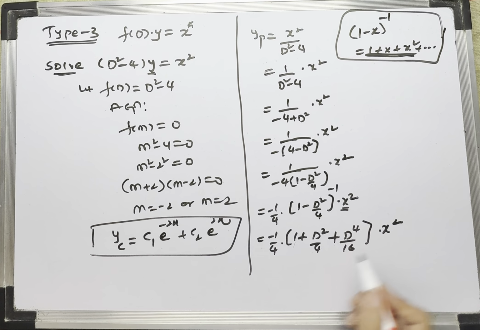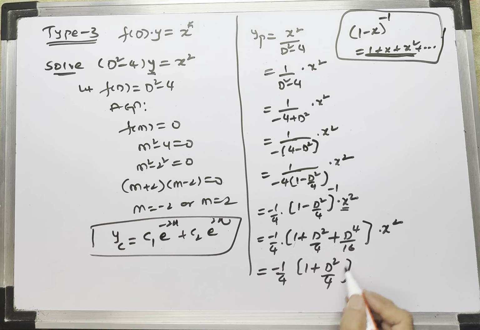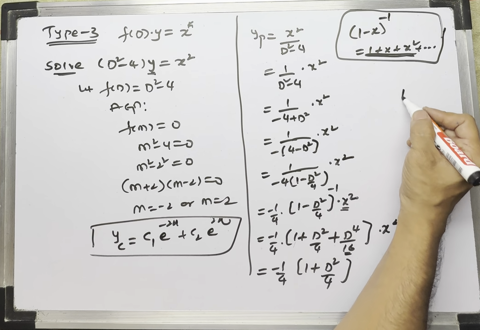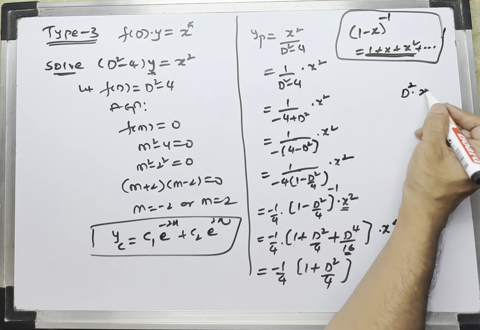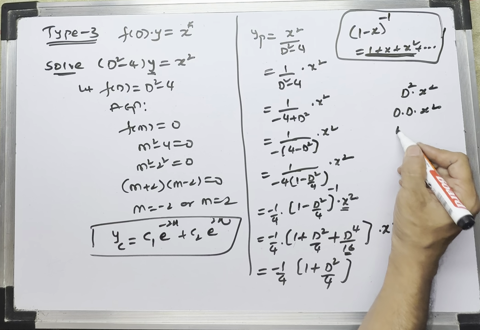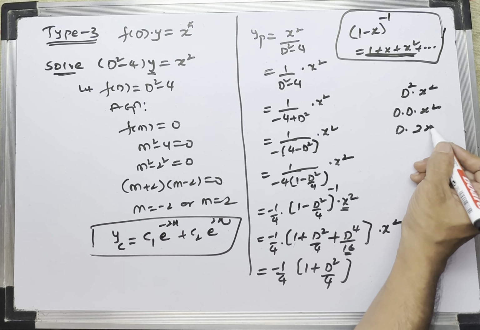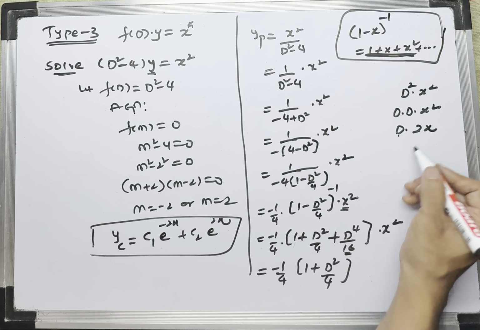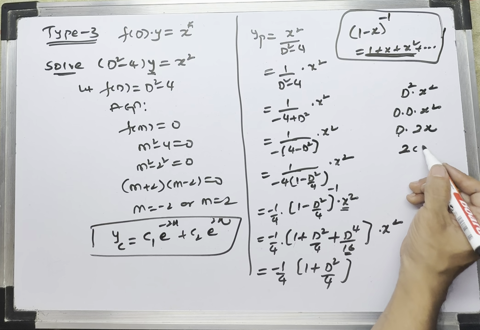Now minus 1 by 4, 1 plus D square by 4. We are ignoring this D power 4. The reason is, D square of x square is the derivative of x square. The derivative of x square is 2x. Now the derivative of 2x is 2 outside, the derivative of x is 1.